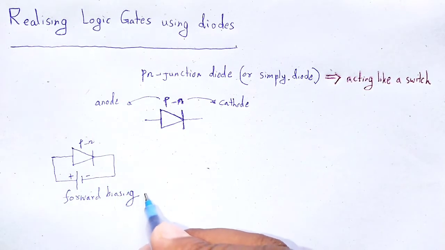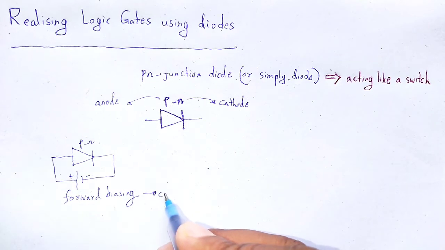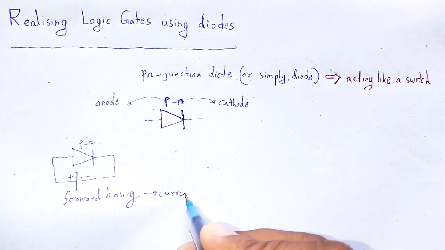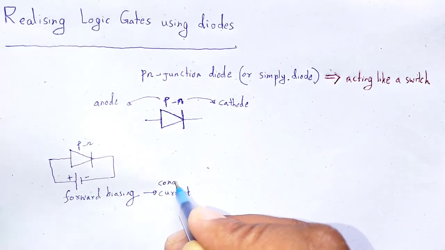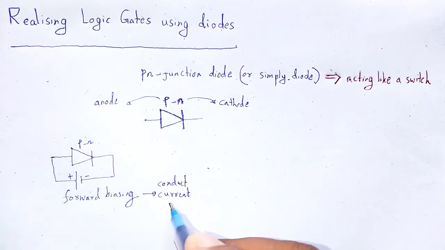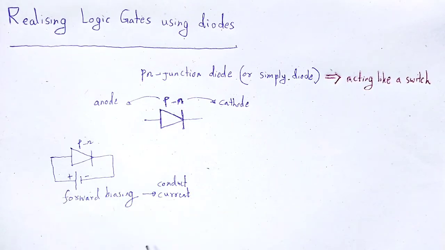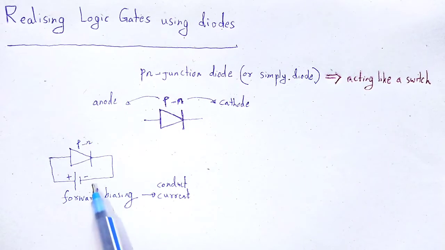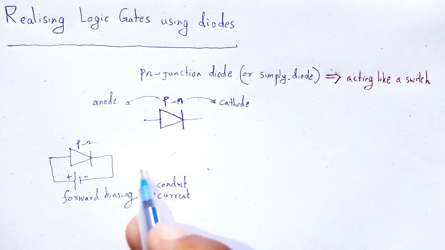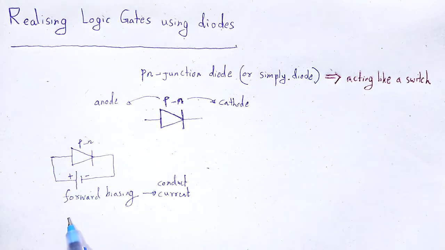Here current conducts through the junction diode, and the diode acts as a closed switch.